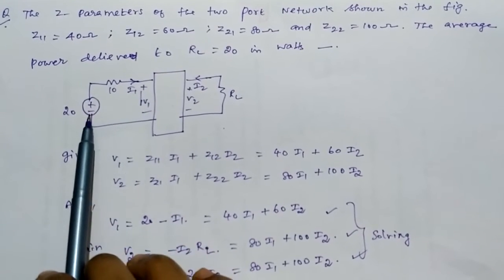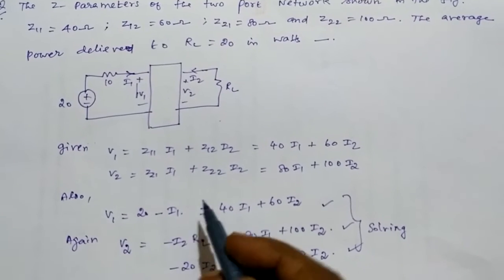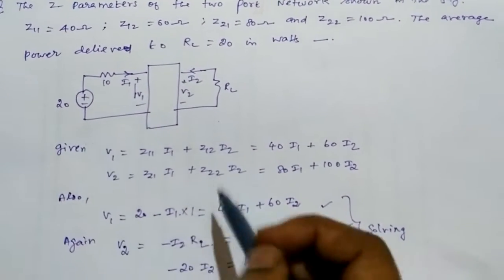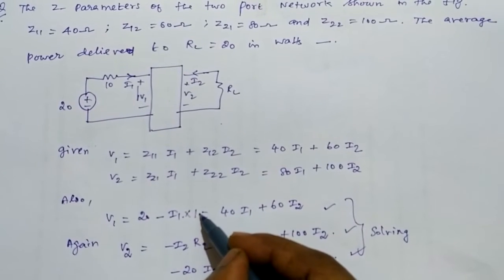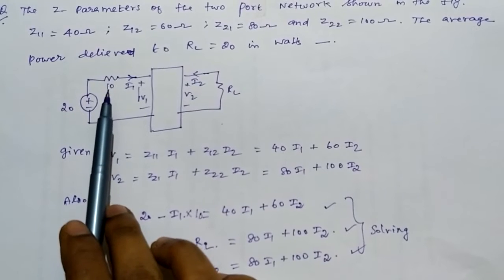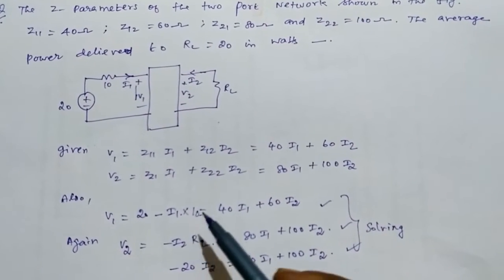The current flowing through the resistor is I1, so the drop is I1 into 10. So V1 is equal to 20 minus 10 into I1.